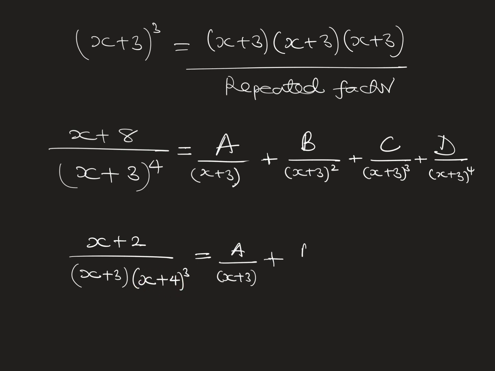That will be B/(x + 4)^1, which is just x + 4, plus C/(x + 4)^2, plus D/(x + 4)^3. You can see that I have built up the powers from 1, 2 to 3. So this is basically how you solve problems where you have a repeated factor.